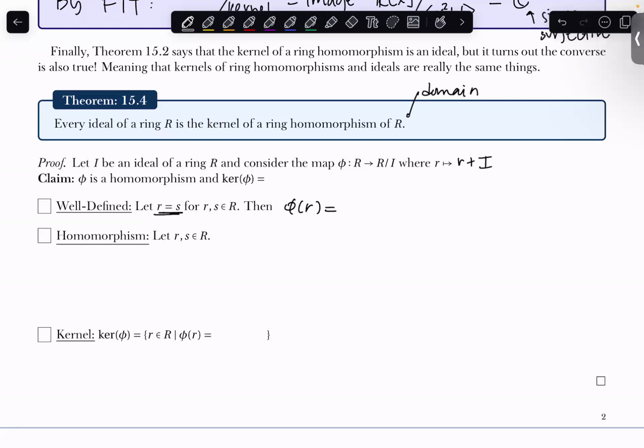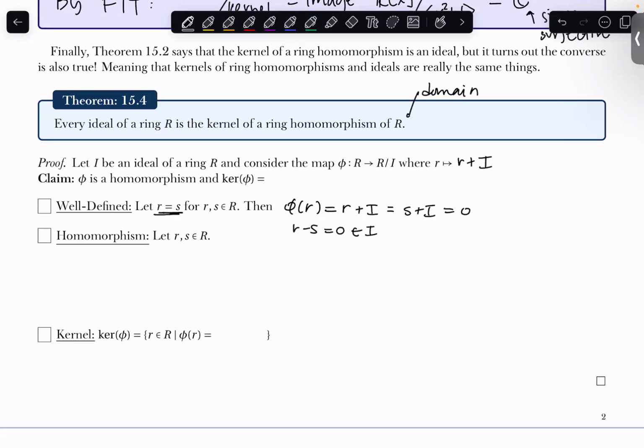In my first case, I get back R plus I, the coset represented by R. But if R and S are the same element, they really do represent the same exact coset. Here I can even think R minus S is equal to 0, which I know is always inside my ideal. So that's how I can prove that these two things are actually equal to each other as cosets.